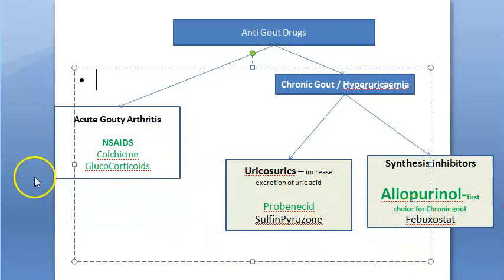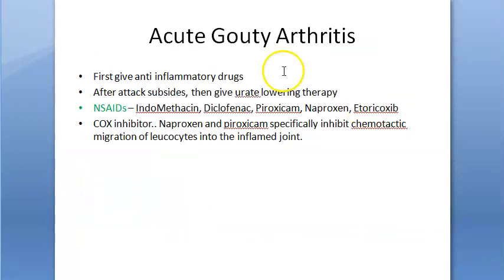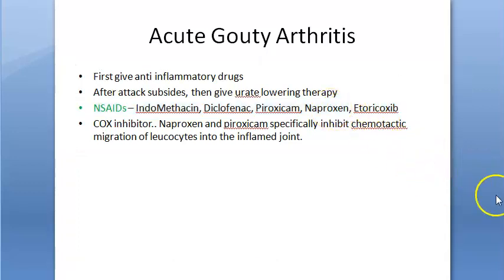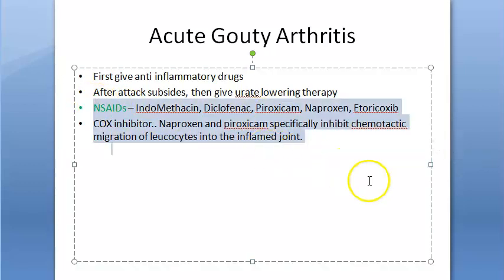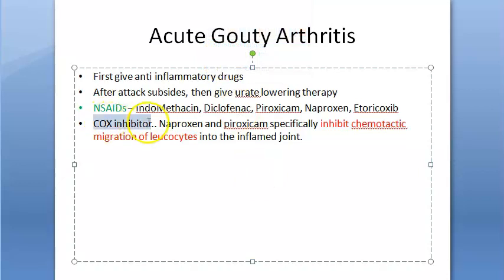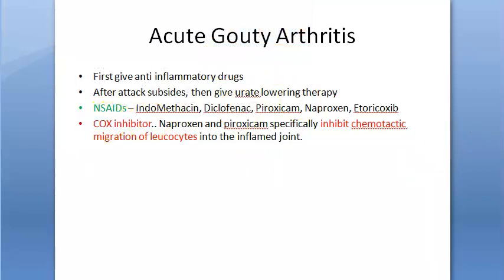Just see what all we have covered. Acute gouty arthritis: NSAIDs, indomethacin, diclofenac, piroxicam, etoricoxib, naproxen, everything we discussed. Non-steroidal anti-inflammatory drugs are COX inhibitors, and they also stop the migration of leukocytes to the inflamed joint. That is how NSAIDs work.